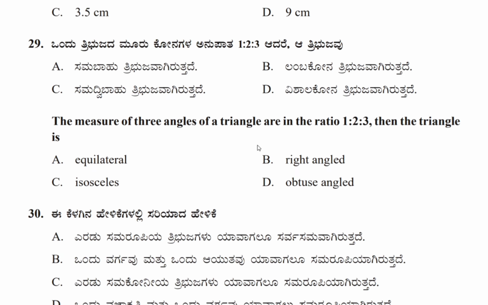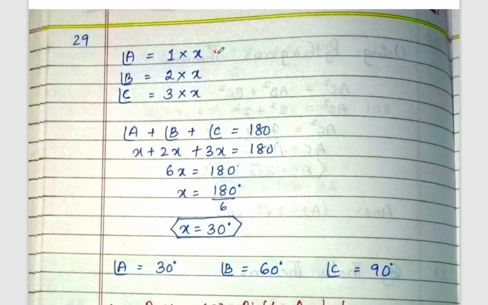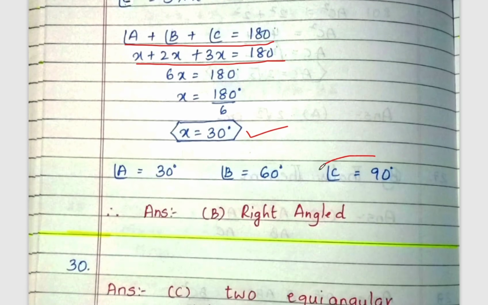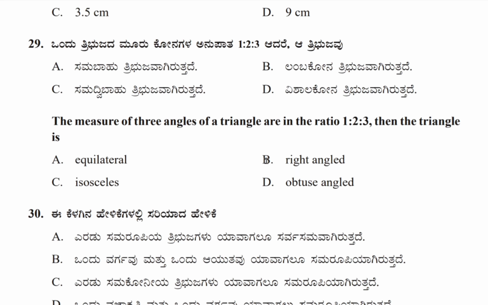Consider triangle ABC, where angle A will be equal to 1 times x, angle B equals 2 times x, angle C equals 3 times x. We know that angle A plus angle B plus angle C will be equal to 180 degrees in a triangle. Substitute: we get 6x equals 180 degrees, x equals 30 degrees. By finding out angles A, B and C, we have found out that it contains 90 degrees. Therefore, it is a right angled triangle.